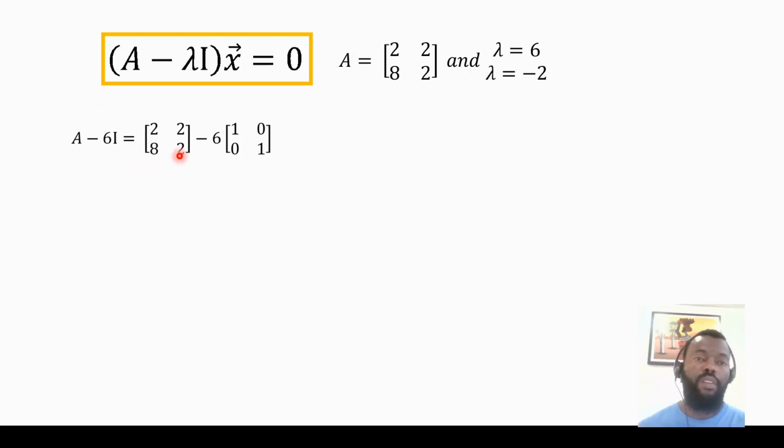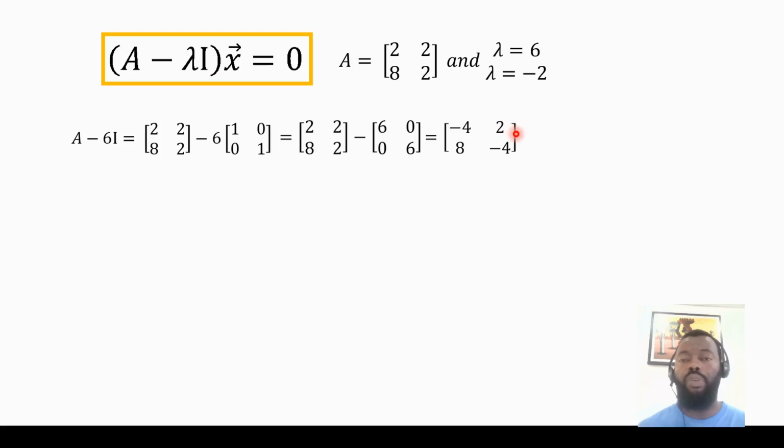So here we plug in 6 and we will end up having a matrix A minus 6 in the main diagonal, and in the other entries we'll have 0. So we have here now the matrix A minus the matrix that results from this multiplication. So we will have here minus 4, we will have here 8, we will have here 0, we will have here minus 4.